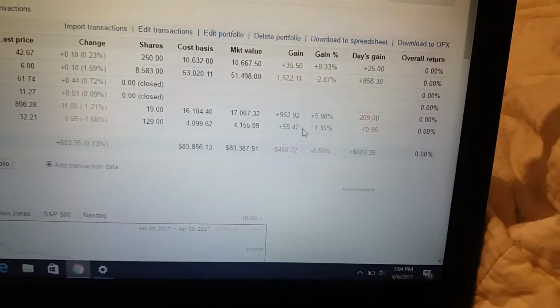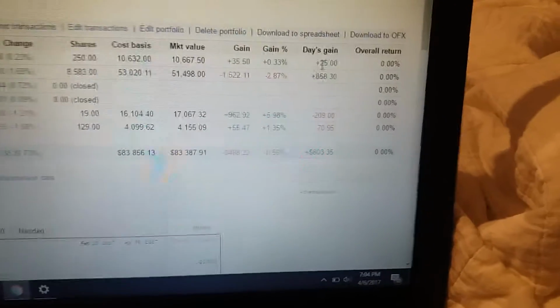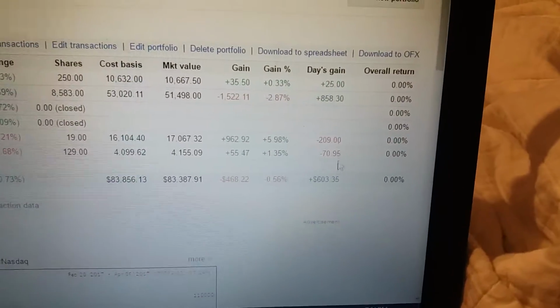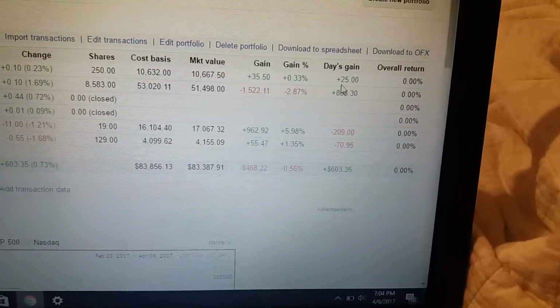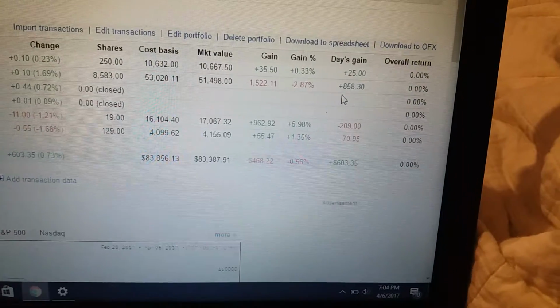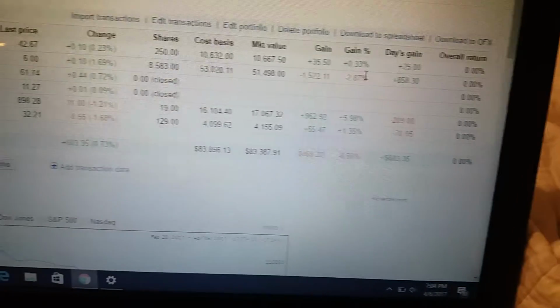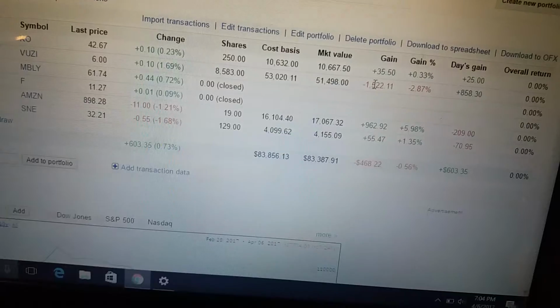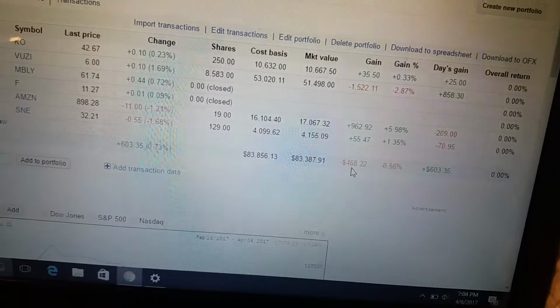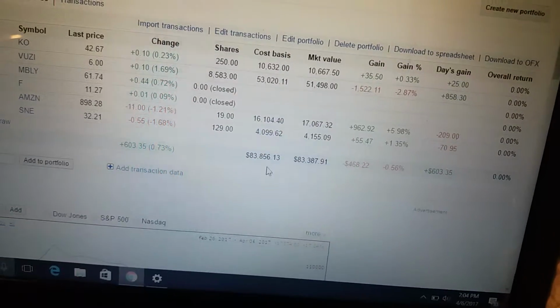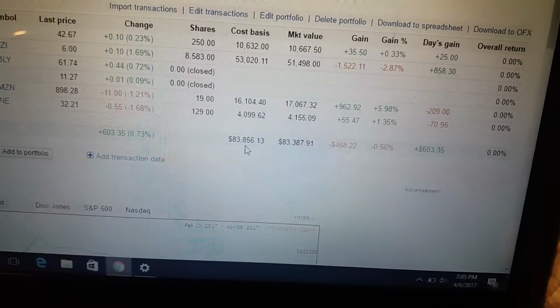So at this time, your overall day was $603. But that's not going to matter to us because we don't have a gain of $858 here. We have a loss. So we need to look at this column, which is our loss, versus this column, which is how much we've spent.